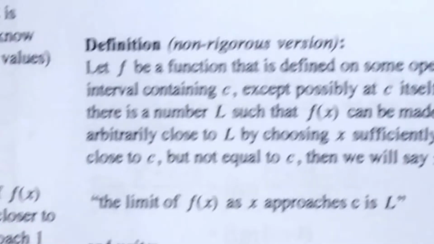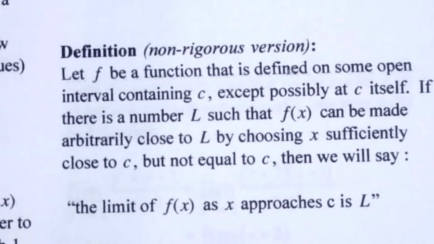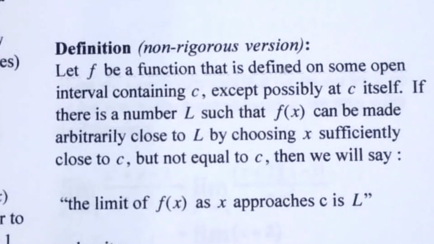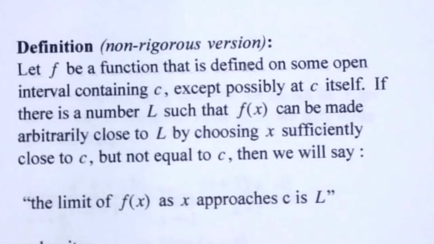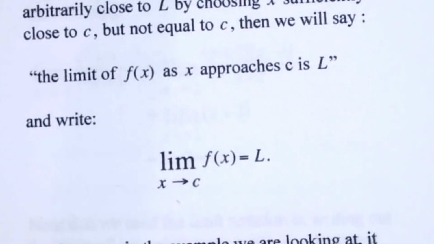But anyway, let's go back to this definition. Let f be a function that is defined on some open interval containing c, except possibly at c itself. If there is a number L such that f of x can be made arbitrarily close to L by choosing x sufficiently close to c, but not equal to c, then we will say the limit of f of x as x approaches c is L, and we will write that this way.